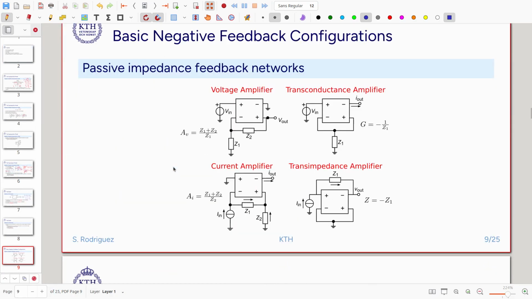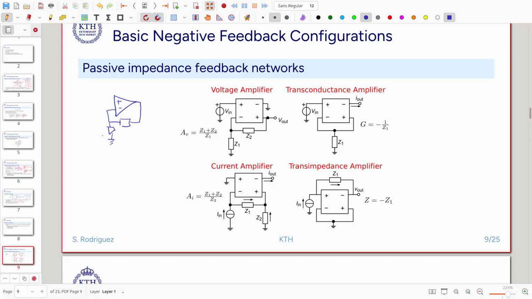So if we assume that we are going to use passive impedance as part of the feedback network, we have a few ways in which we can do the connections. The first one is the voltage amplifier, and this is exactly the example that we typically use in analog electronics. We do the connection of a non-inverting amplifier like this.